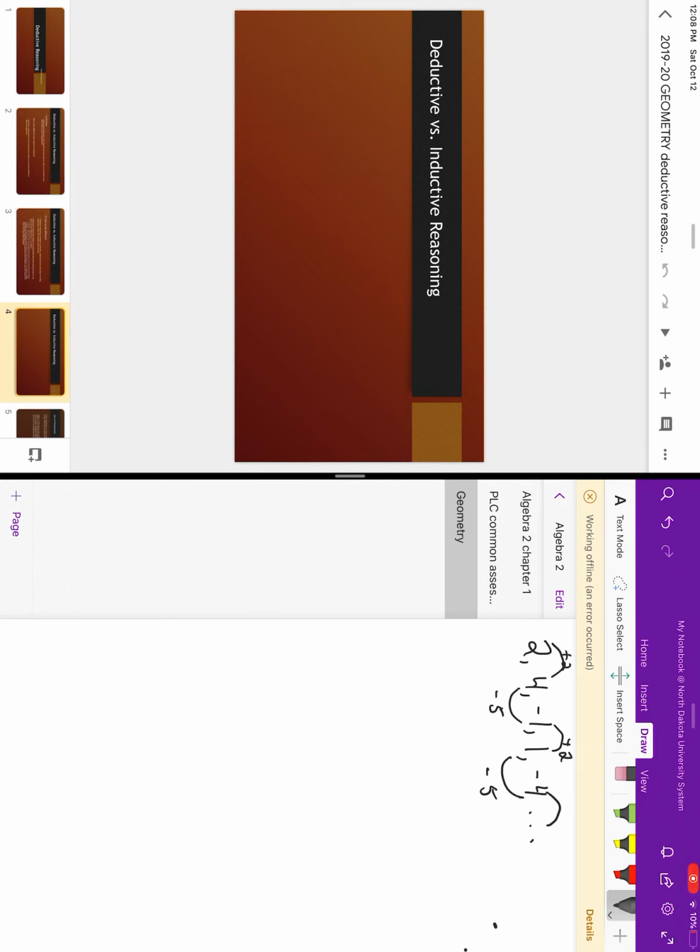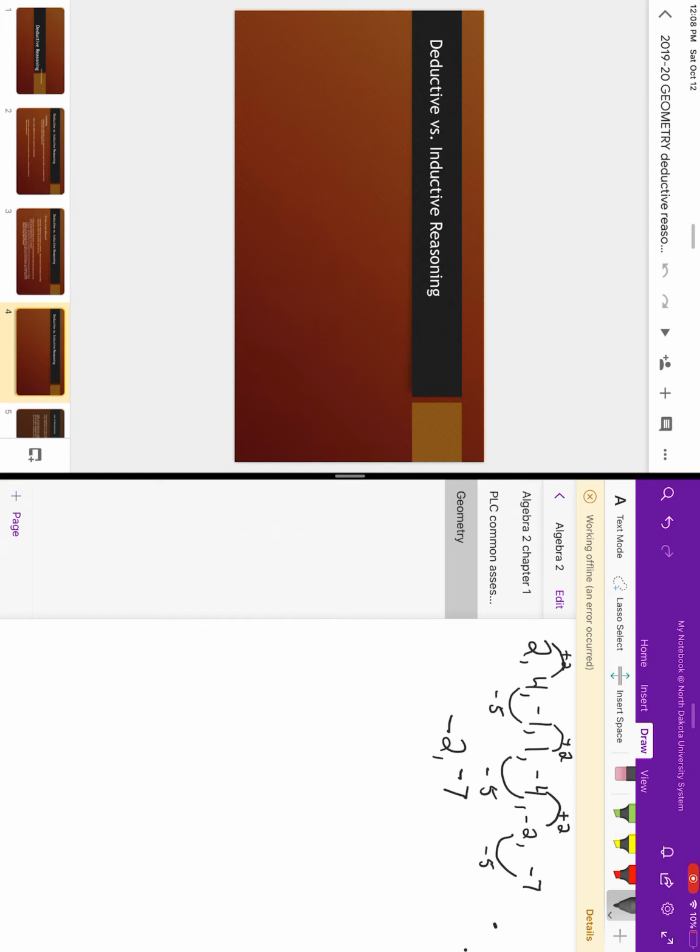So if I add 2, my next number is going to be -2. And if I subtract 5 from -2, my next number is going to be -7. So the next two numbers in the series are -2 and -7. And we already know this. This is not news.